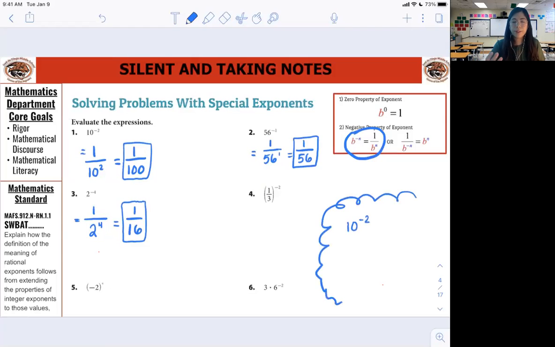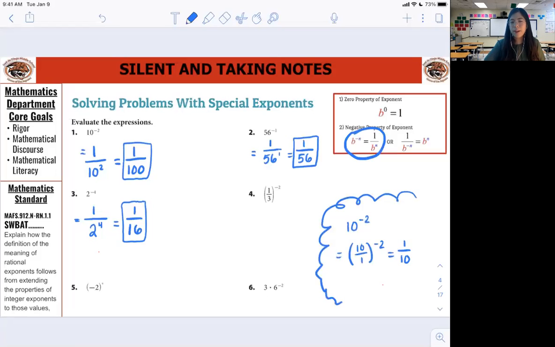Just revisiting number 1. How do I write the number 10 as a fraction? 10 over 1, right? So I'm just going to rewrite this for a second. 10 over 1, I kind of just rewrote it as a fraction, and it became 1 over 10, didn't it?